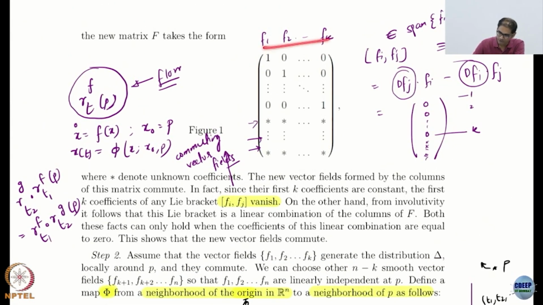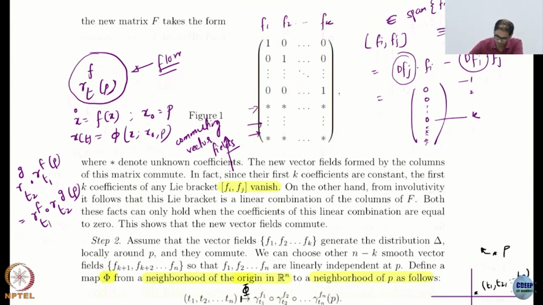You started with f1 to fk and ended up with something like e1 to ek, but with something more here, not e1 to ek itself, but up to the kth element this is consistent. It is just the unit vectors, first unit vector, second unit vector and so on, but there are some terms here.